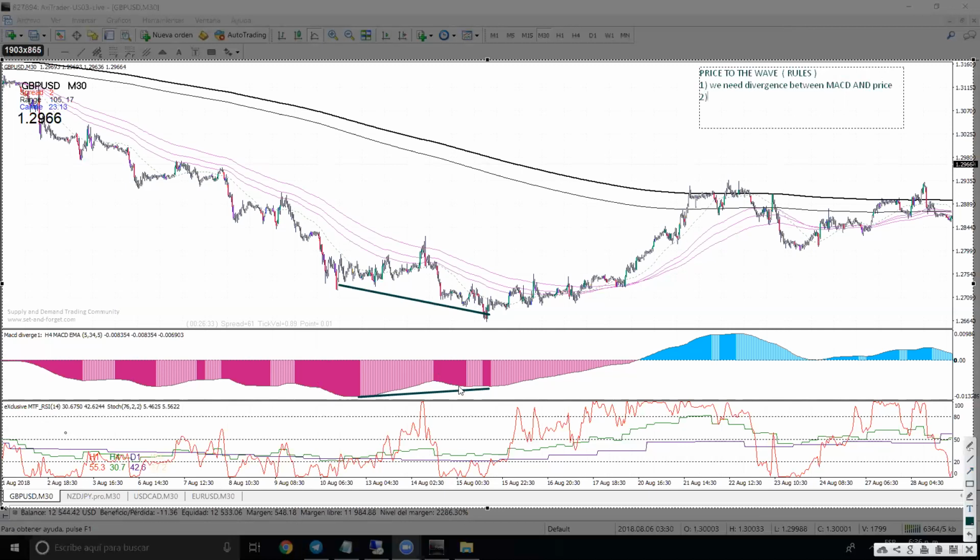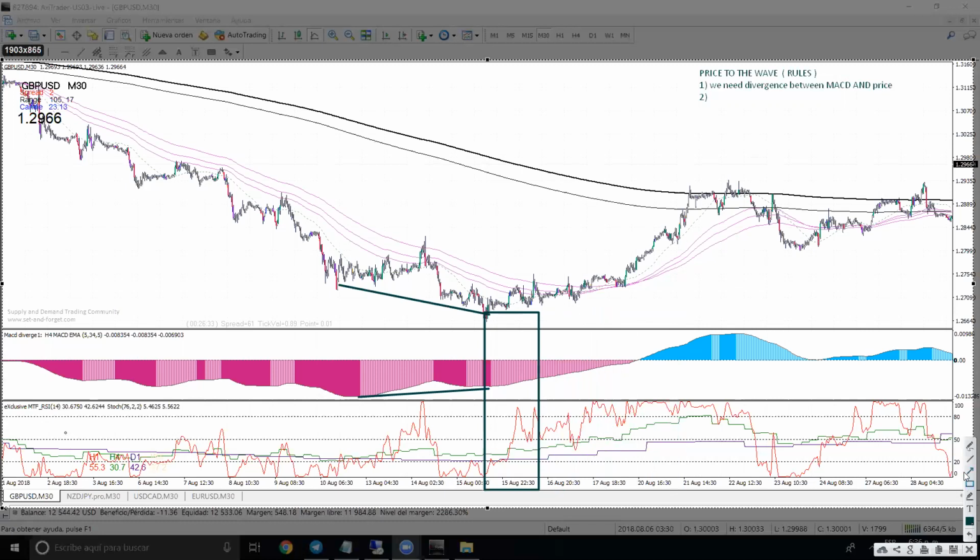At the second rule, after divergency has been found, we need to go to the Holy Grail indicator. So let's draw here to check what we're going to look for in this Holy Grail indicator.